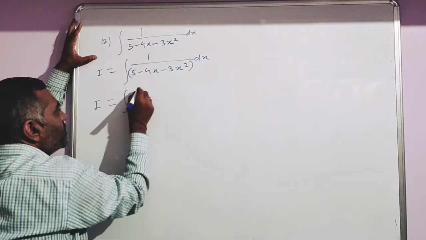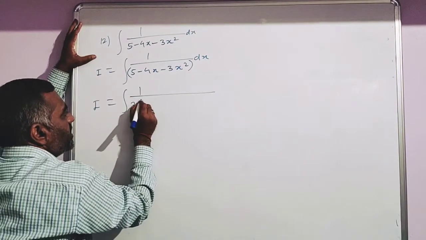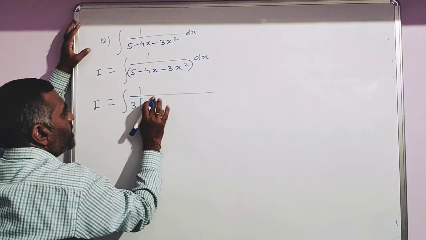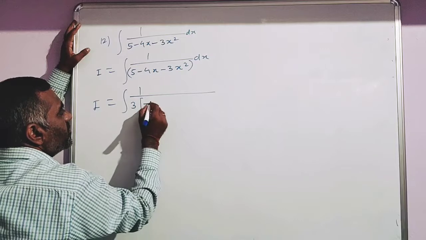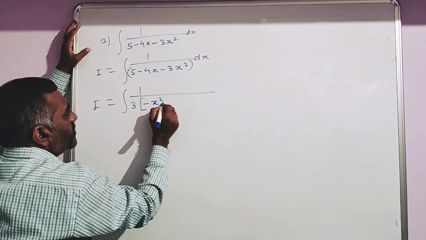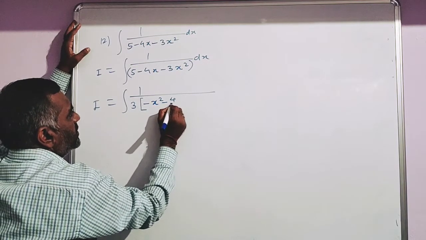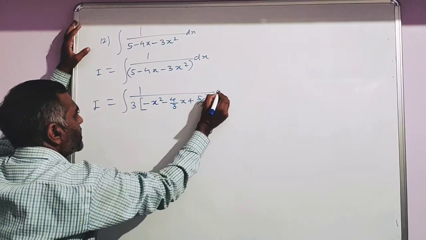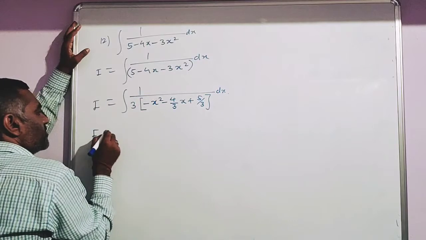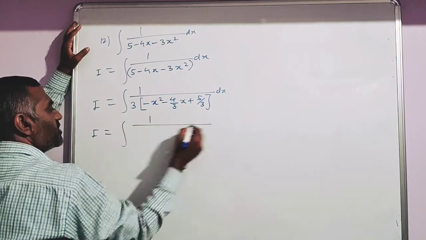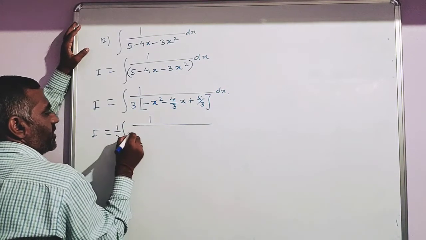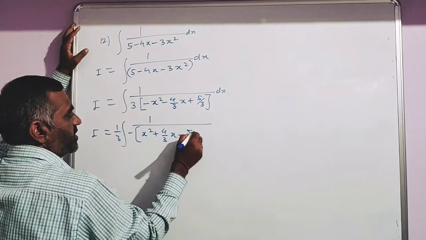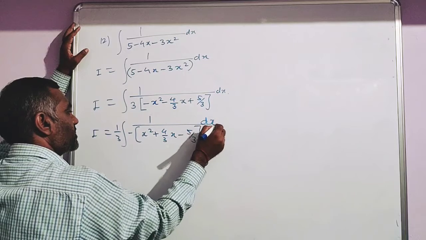I is equal to the integration of 1/(3[-x² - 4/3 x + 5/3]) dx. Taking out minus common here, we have 1/3 into minus in bracket (x² + 4/3 x - 5/3) dx.